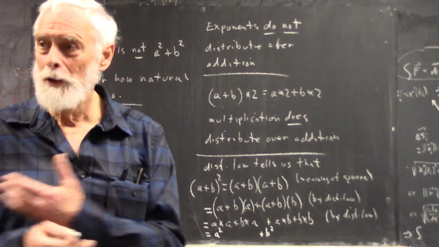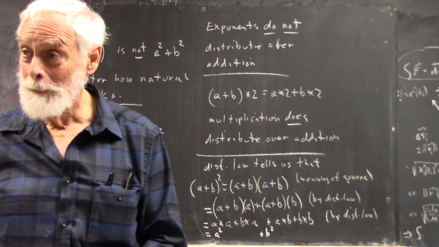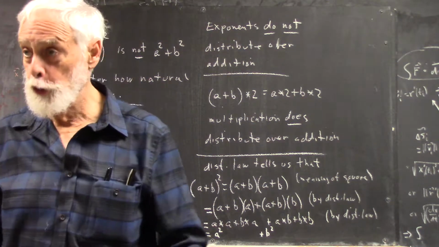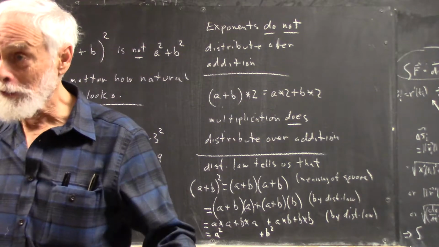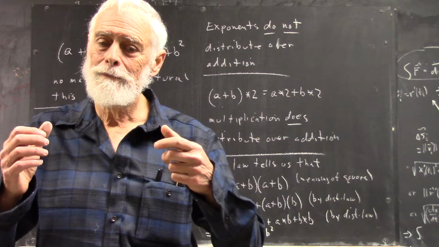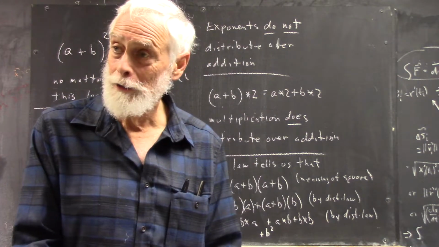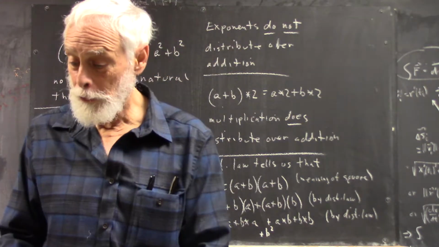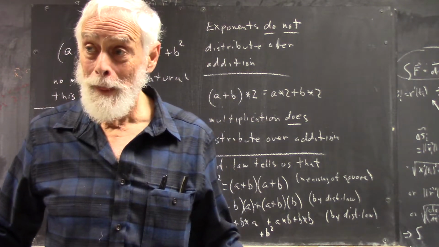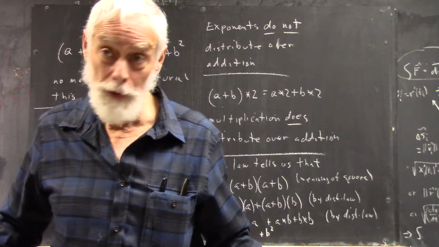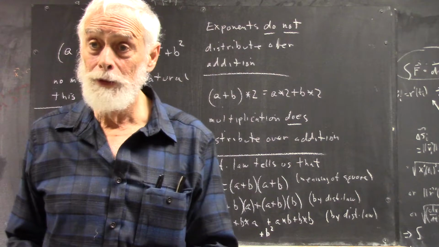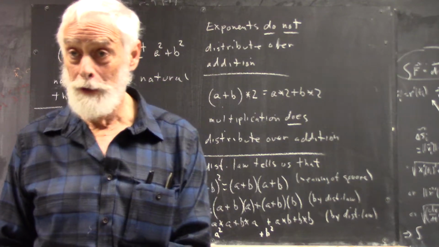We know what it means to multiply 2 by 3, okay? If I have 3 things and then I have 3 things again, I've got 2 3s, which is 6. Or if I've got 2 things and another 2 things and another 2 things, I've still got 6 things, right? So 2 times 3 and 3 times 2 are identical. And we know the same is true for any pair of numbers, okay?